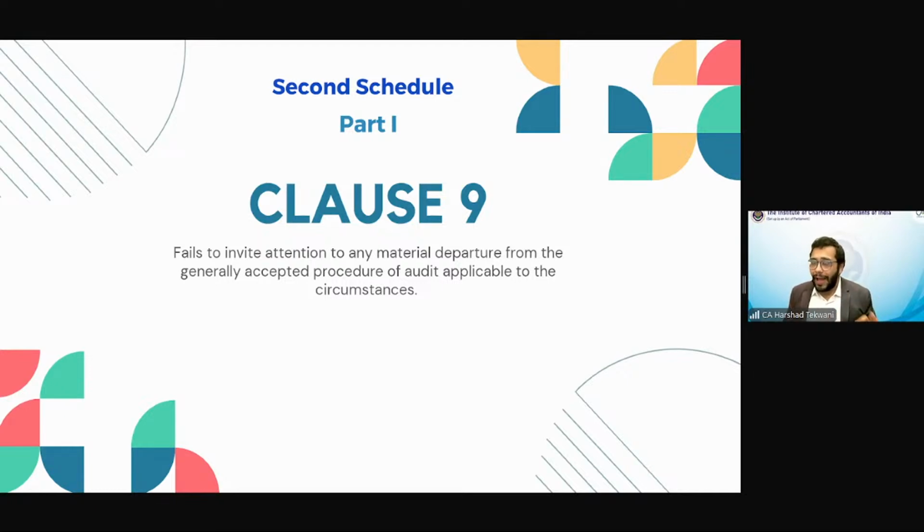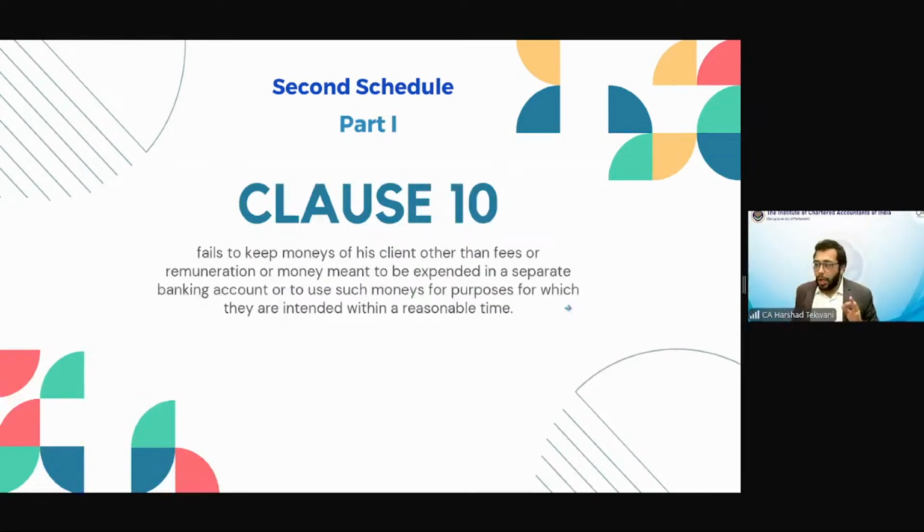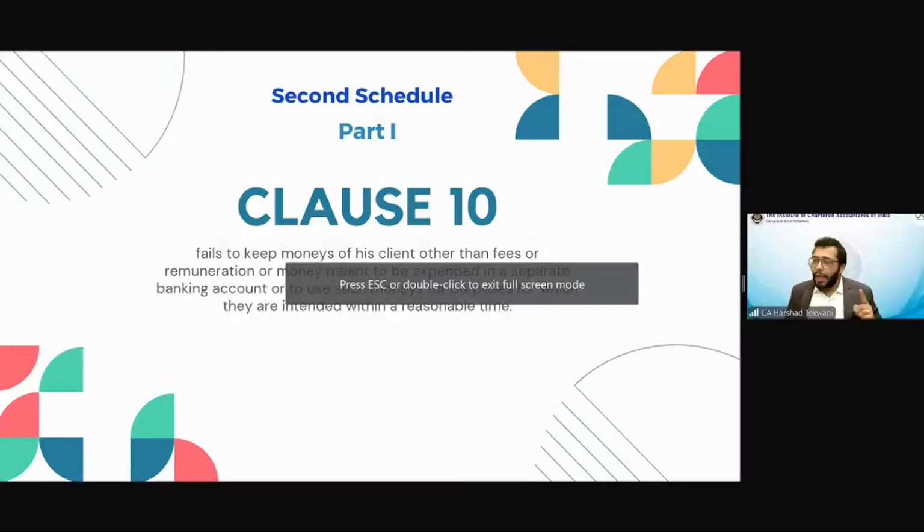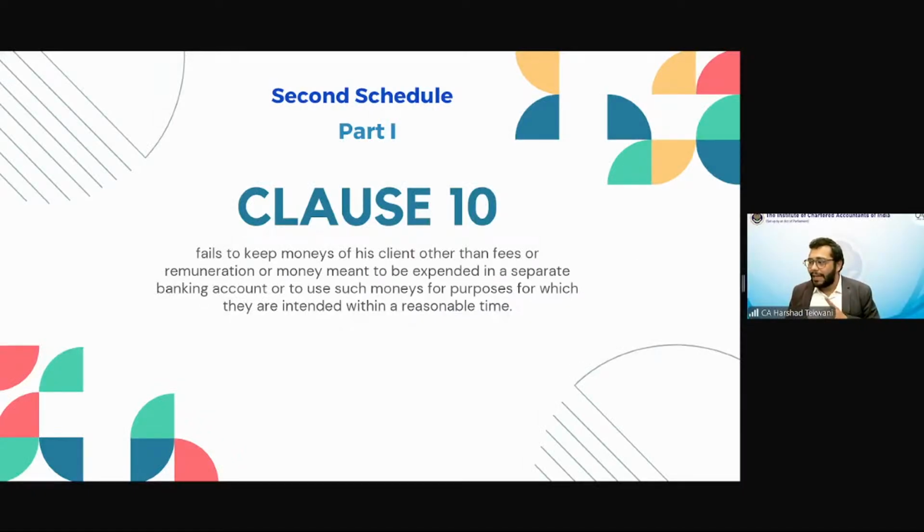This is clauses 5 to 9 that we discussed right now. And the last clause for part 1 is: fails to keep the money of the client, other than the fees or remuneration, in a separate bank account. When he fails to keep the money in a separate bank account, he will be held guilty of professional misconduct.